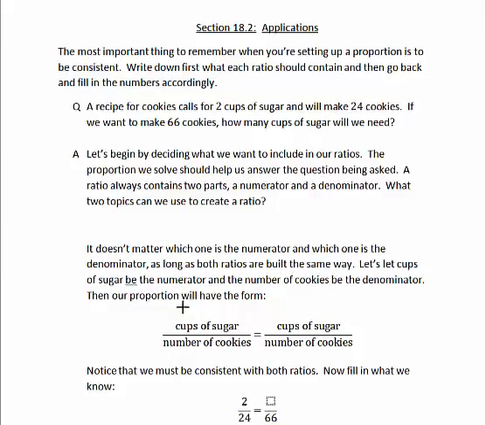So the workbook has decided to place sugar over cookies, and so we'll maintain that relationship on the opposite side of the equation. Sugar on the top, cookies on the bottom. So very important that you stay consistent.